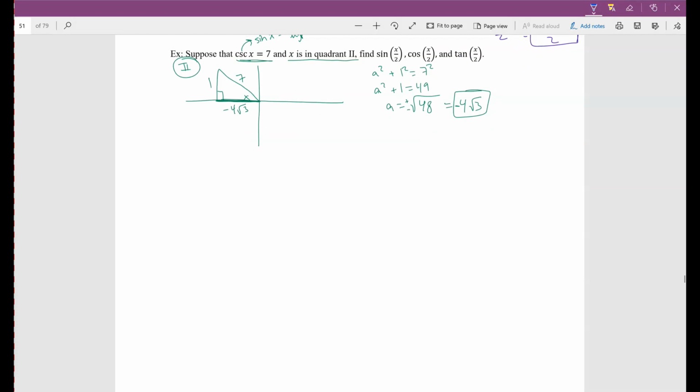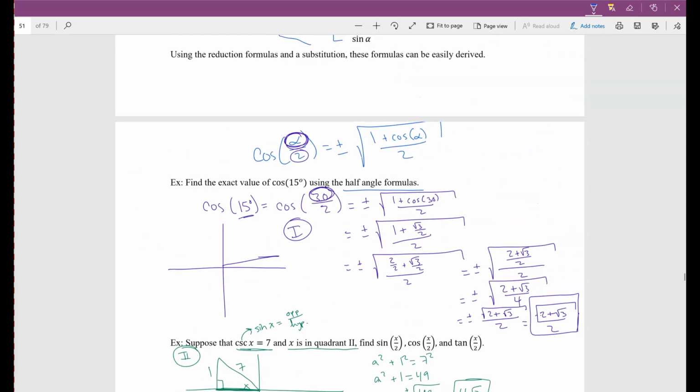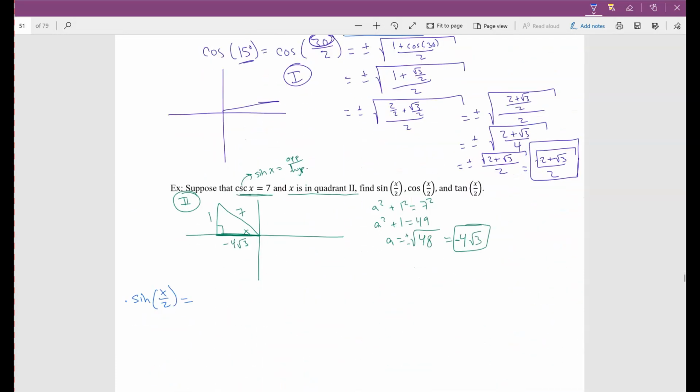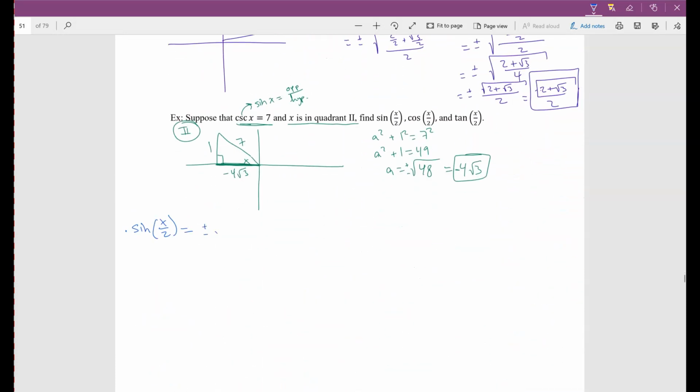all we got to do now is figure out what's going to be the sine of x over 2. So let's start off by writing down the formula. Let's go back up and look at the formula for sine of alpha over 2. That's just going to be plus or minus the square root of 1 minus the cosine of x, divided by 2.